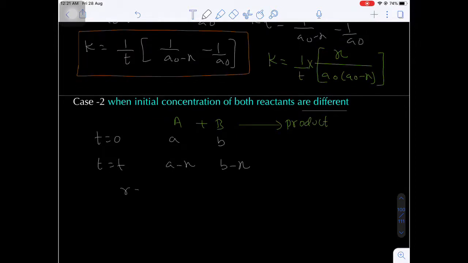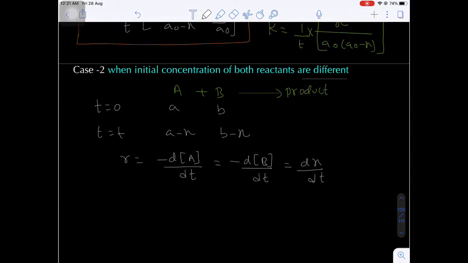From here the rate of reaction R will be equal to minus dA by dt, otherwise minus dB by dt, equal to dx by dt. So R is equal to dx by dt, nothing but K times of the concentration of the reactant at a time interval t, that will be a minus x, into the concentration of one more reactant b, that will be again here b minus x.